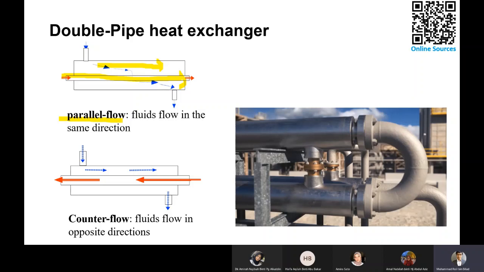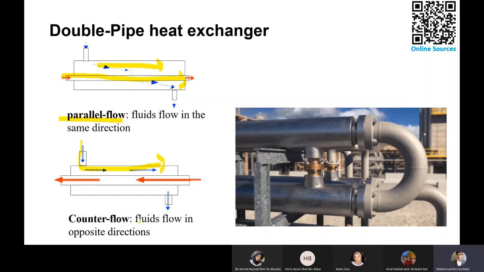Conversely, you can operate it, for example, here the blue liquid exactly the same as the one on top, so the general flow direction is from left to right, but the hot liquid, the red arrows in this illustration, goes from right to left.